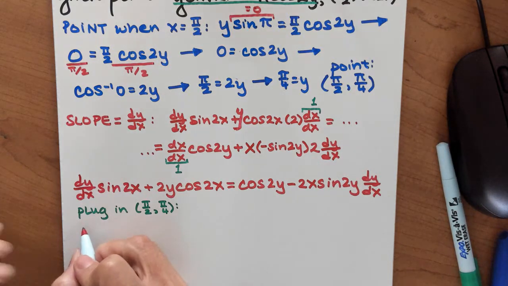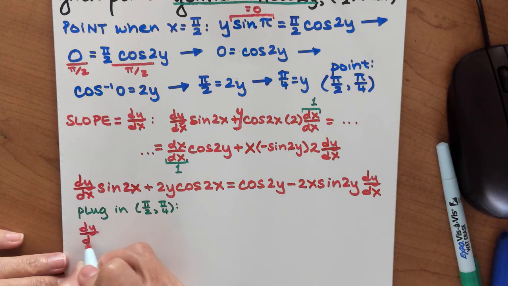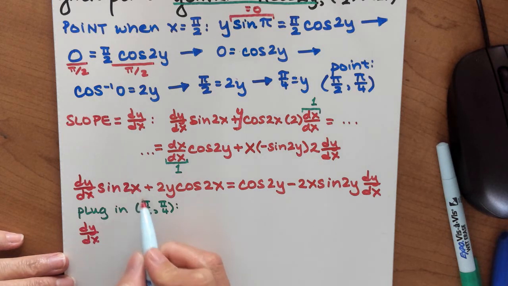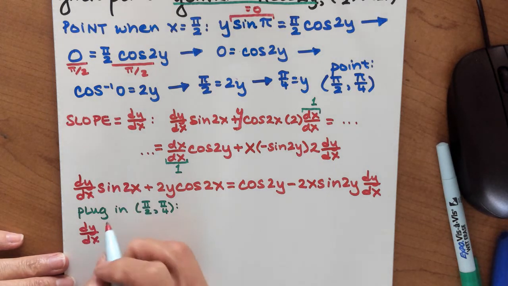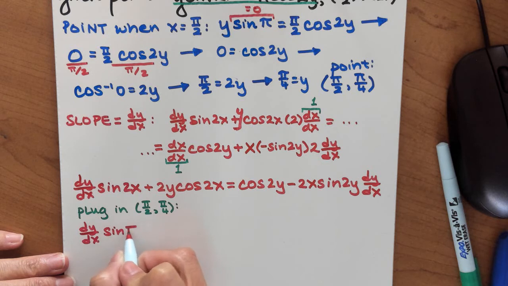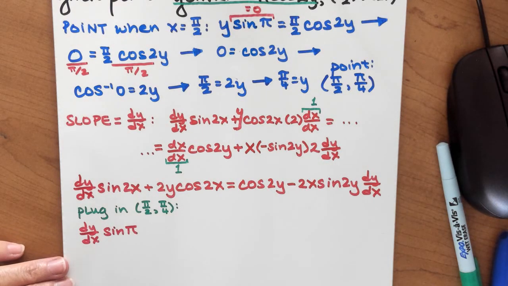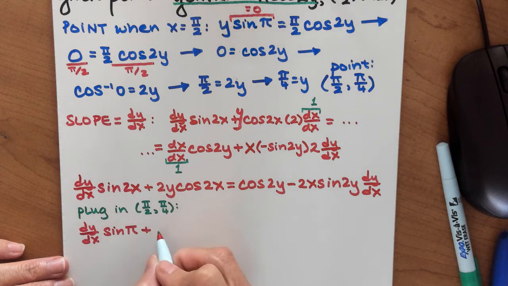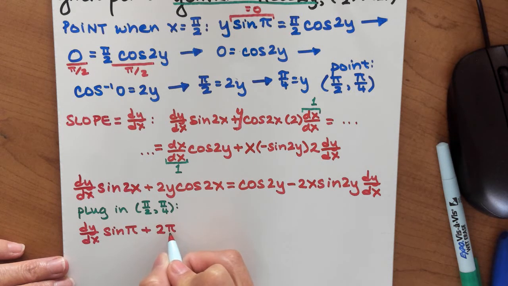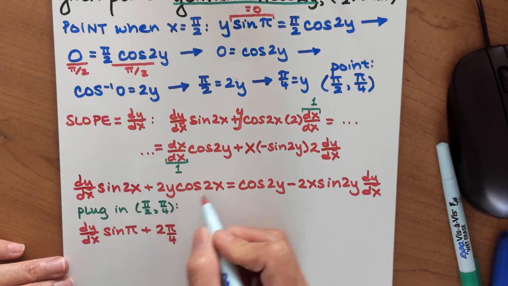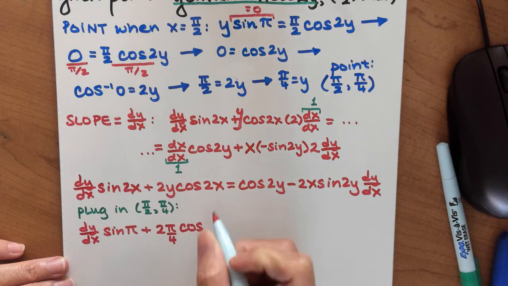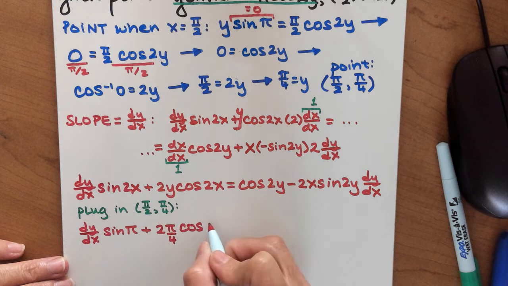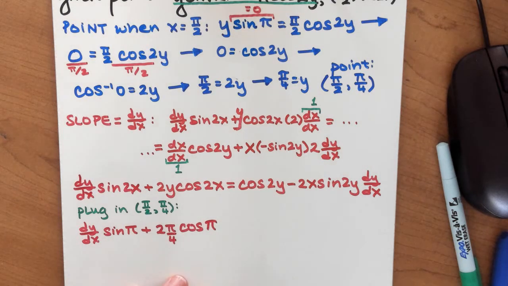So I get dy dx times, when I plug pi over 2 in there, I get the sine of pi. That's going to be 0. That's nice. Plus 2 times pi over 4 times the cosine of, well, when I plug pi over 2 there, I'm just going to get a pi. And the cosine of pi, recall, is negative 1.